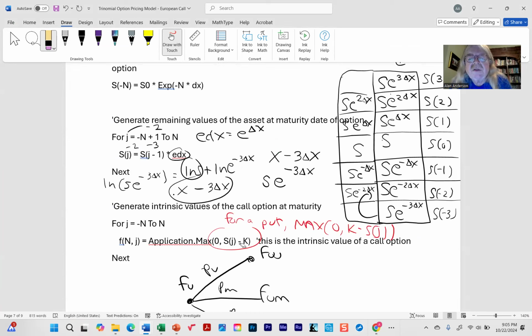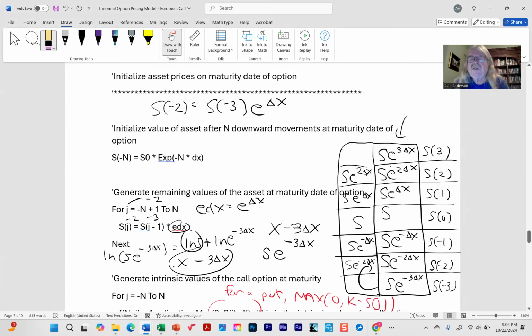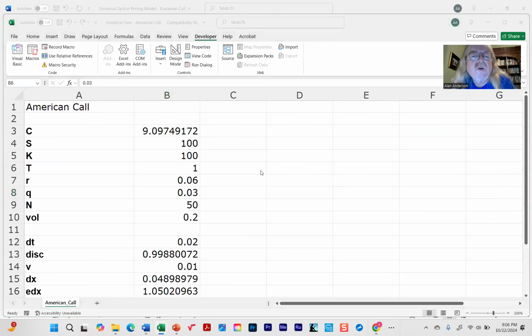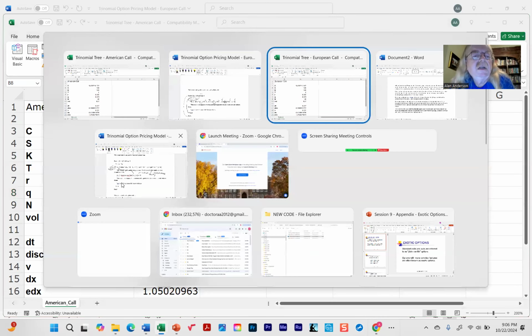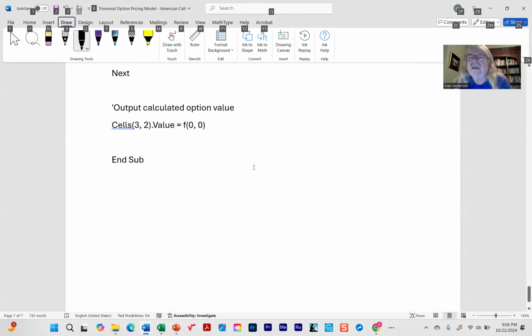You just change this to K minus SJ, and that's literally the only change you would need. So in other words, all 4 of these cases, American and European call and put, are almost identical to each other, except for the intrinsic values and that extra line we added to the American call program. That's it. Other than that, they're basically the same thing.